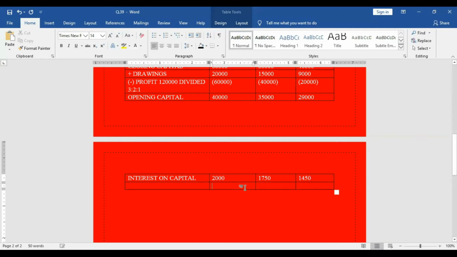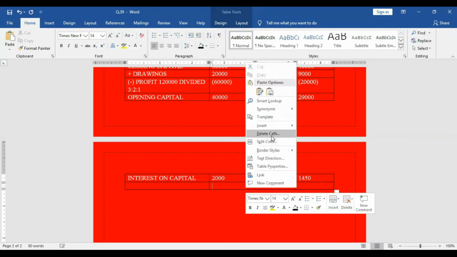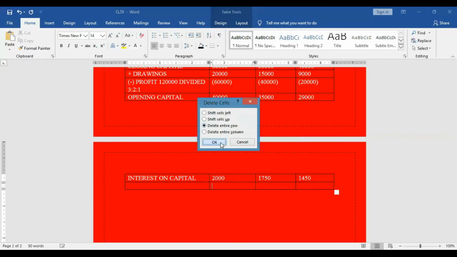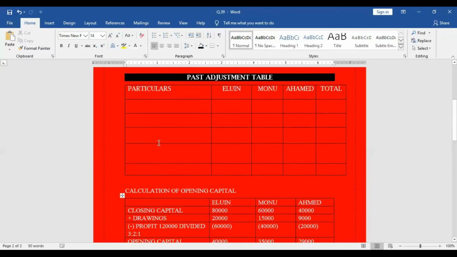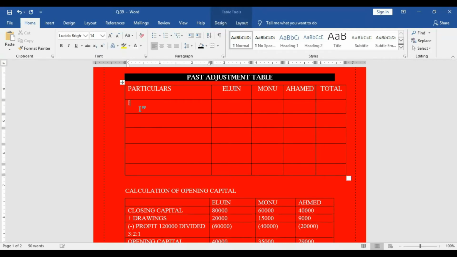So interest on capital is the first step we need to calculate from the opening capital. Interest on capital was omitted in the partner capital adjustment table, so there is a short credit. So it has to be credited.